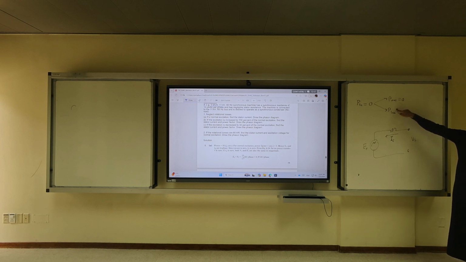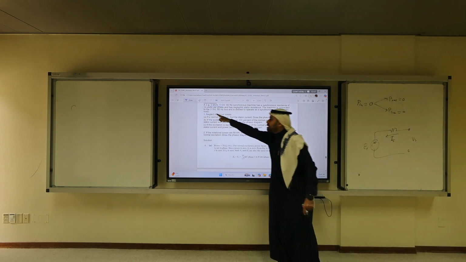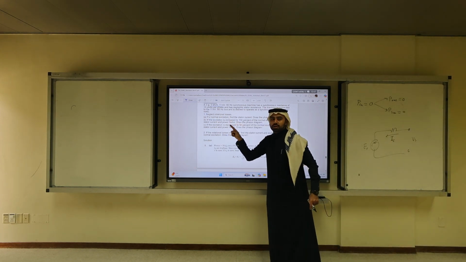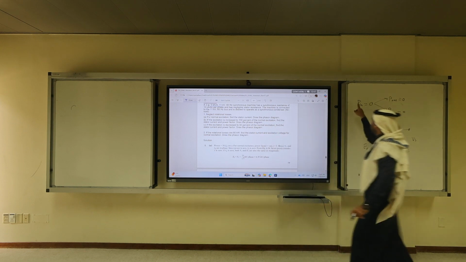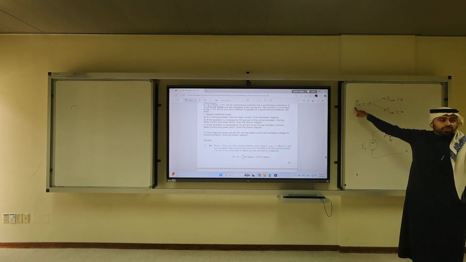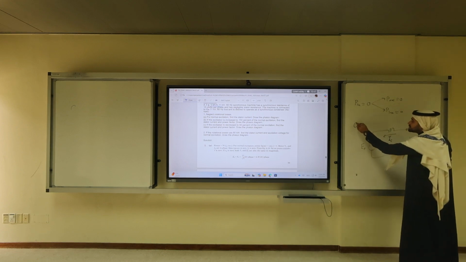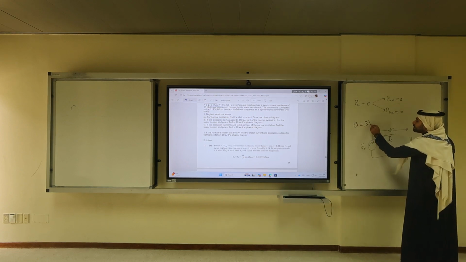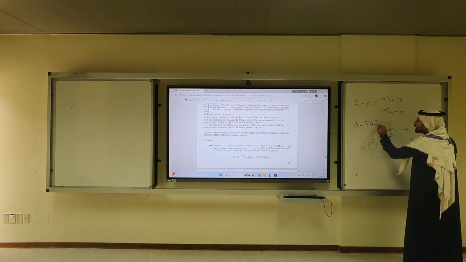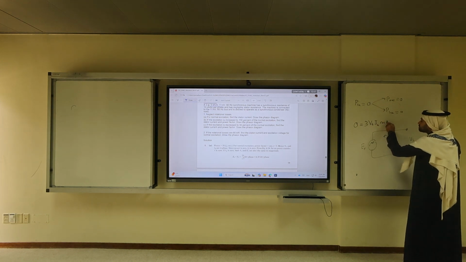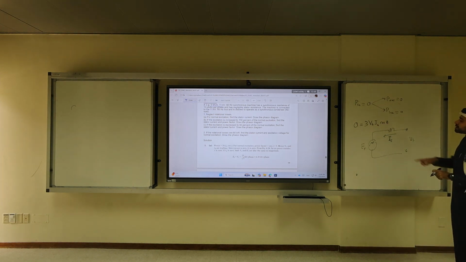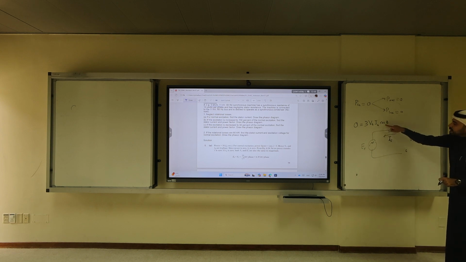Why are P losses 0? From the statement, neglect rotational losses. So this implies my input power is 0. So 0 equals 3 VT IA cosine theta. This implies IA times cosine theta is 0.